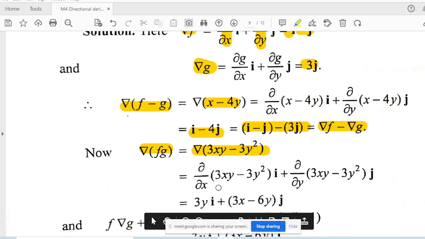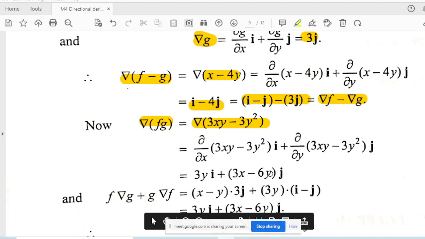With respect to x, i cap, you will have 3y, since the other term is 0. Only 3y. And if you differentiate with respect to y, we get 3x minus 6y.